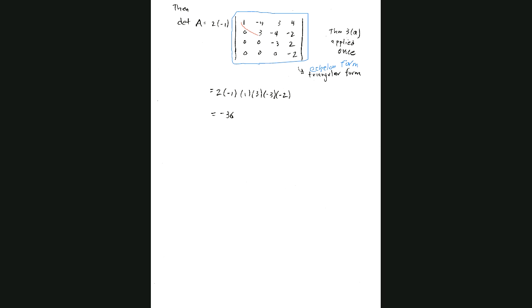Just multiply, good, Robin, multiply the values along the diagonal. Because that's what the cofactor expansion would be. You would find it would just be the product of the values along the diagonal. And so the determinant of A is equal to negative 36.